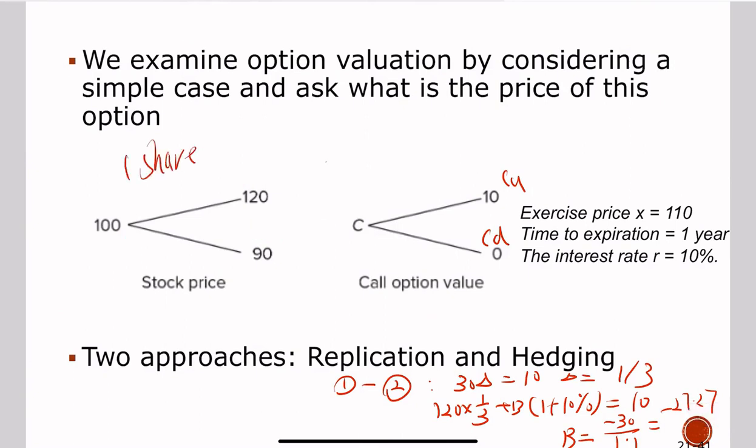However, you can see that there is risk in your position because there is uncertainty in the future. It's possible the stock price would be 120. It's also possible the share price would be 90, right? So there is a variation, this uncertainty in the future. You want to hedge against this risk. How do you do this?